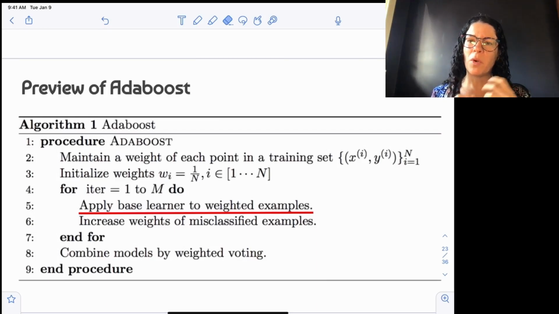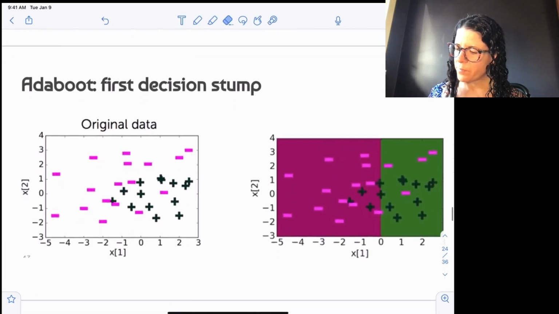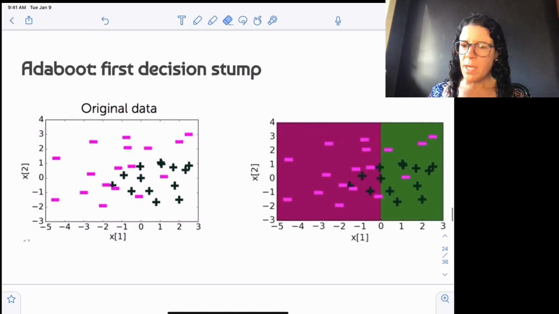We don't have to sample like this, but sampling is one way that we can do it. We can more directly think about the weighted problem in a slightly different way. So let's talk about that. Yeah, but before talking about that, I have some pictures here.